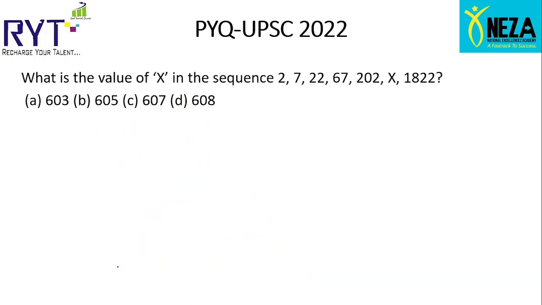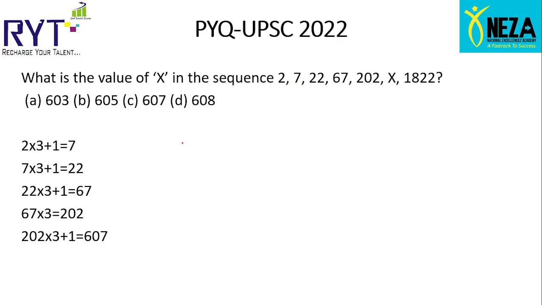Okay, now look at this question. What is the value of X in the sequence? 2, 7, 22, 67, 202, X. Then observe the unit digit. Why is it so?